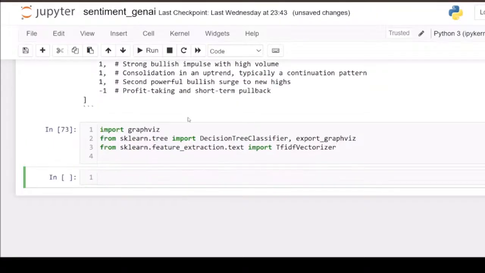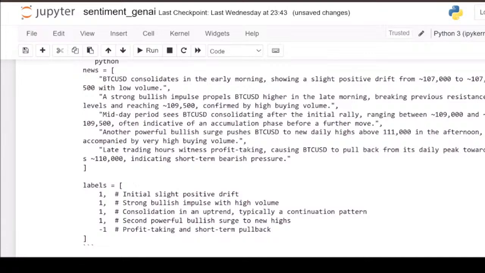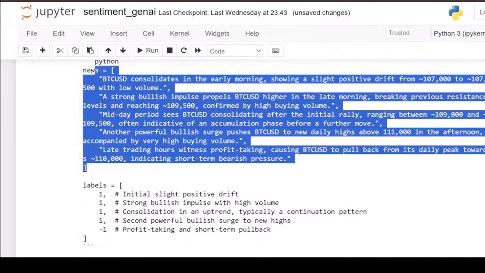So we are right here, and next we just put in our news and our labels.